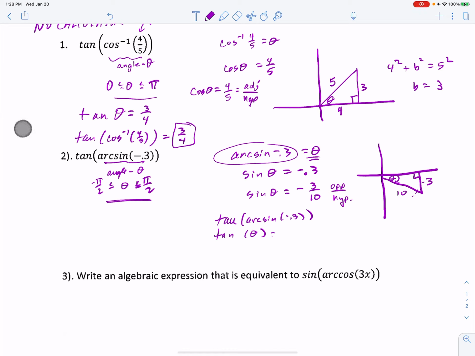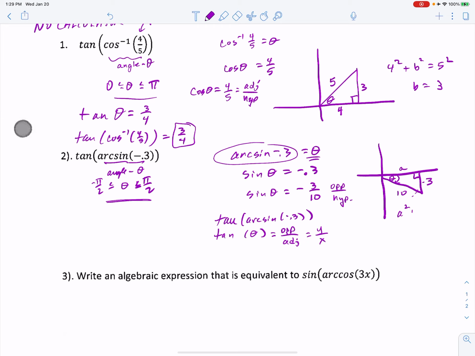And that tangent is going to be opposite over adjacent. And I know theta is quadrant 4. And so tangent is negative in quadrant 4 because it works with y over x. And so I need to find this side of the triangle.